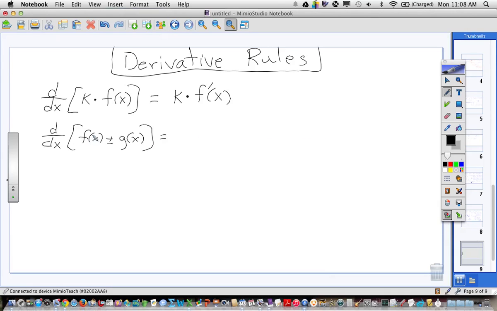So the derivative of f plus g is simply f prime plus or minus g prime. That's what this rule says. Now, it doesn't seem like that big a deal, but it is because it doesn't work for multiply. We talked briefly about that. It doesn't work for multiply. I'm not going to give you any like that, so don't you have to worry about it. Okay, but it works for plus or minus.